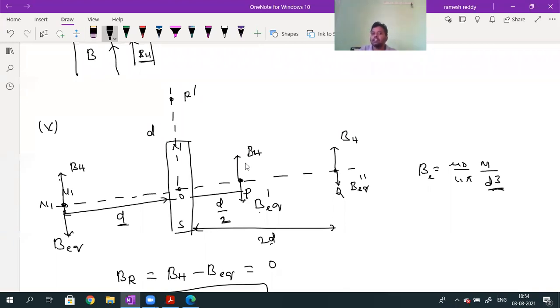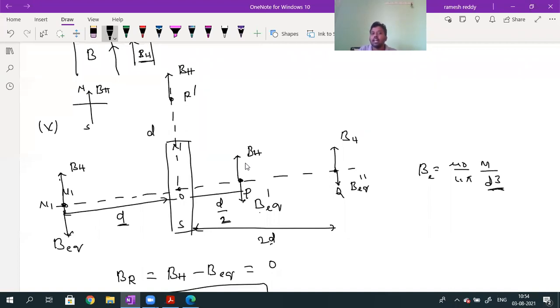What is the resultant magnetic field induction at this point P dash? The horizontal component of the earth's magnetic field is BH. You have to remember that the direction of BH is always from south to north.